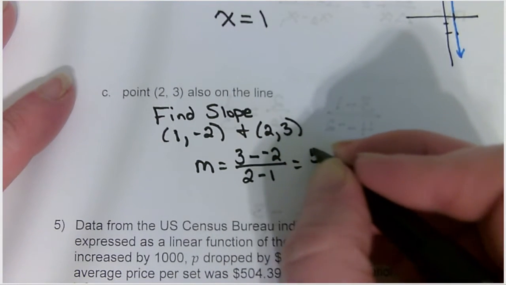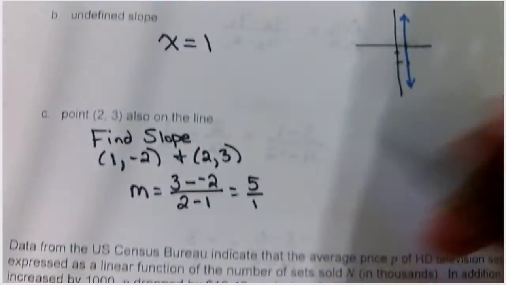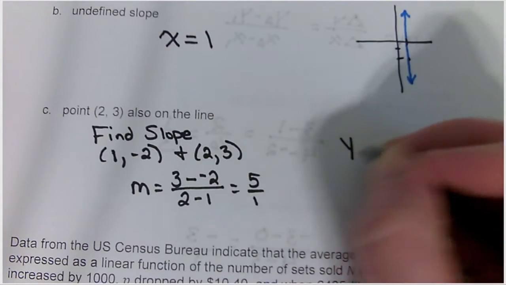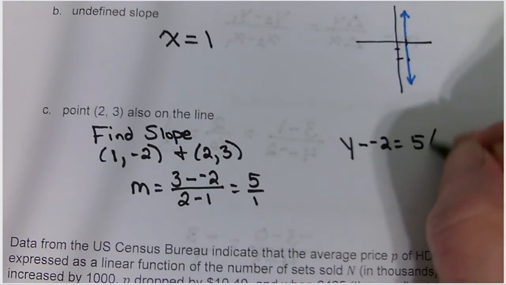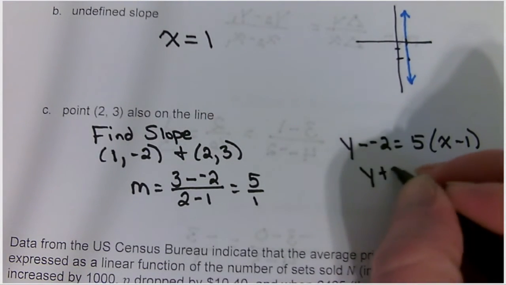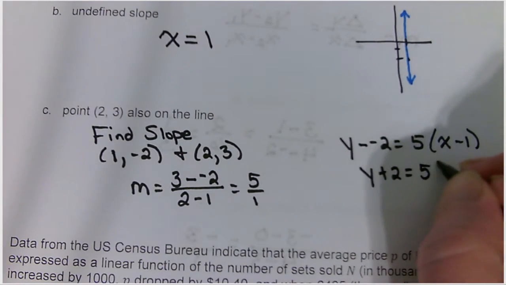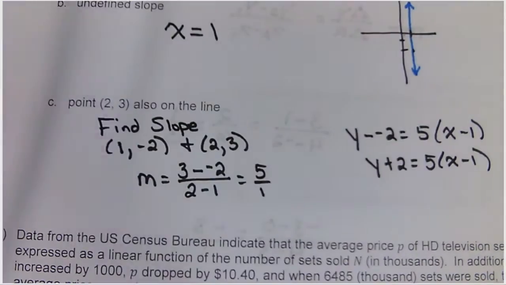That gives me 5/1. And I'm going to use the same point that we had up there, y minus -2 equals m times x minus 1. And you are perfectly fine to leave it like that.